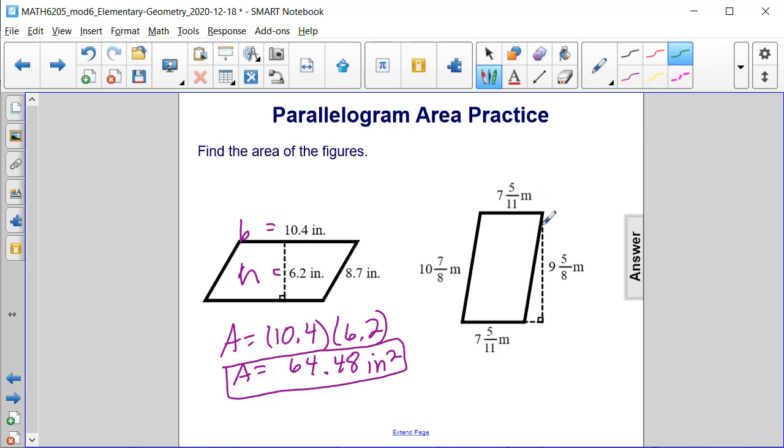Now let's try the parallelogram to the right. In this one, our base is 7 and 5/11 meters. So that's our base, and our height is 9 and 5/8 meters. So let's multiply these two values together.